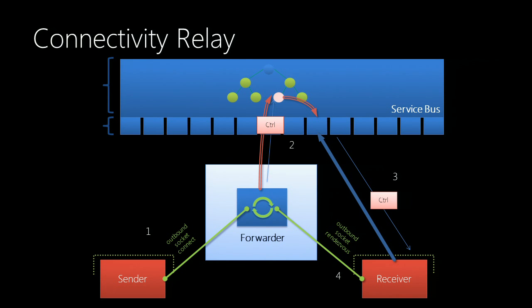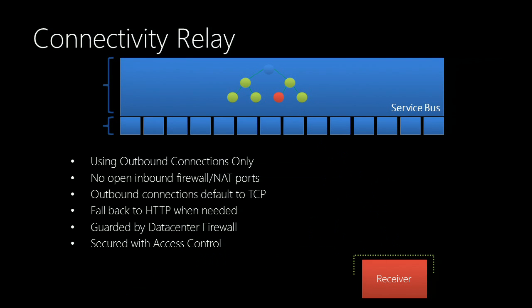So we have a relay in the sky, and that relay allows for TCP connections, net TCP, overlaid with a framing protocol that's a net framing protocol, or HTTP. What we support in this capability is HTTP, HTTPS, and net TCP. We're using outbound connections only, so you don't need to open up anything on your firewall inbound.